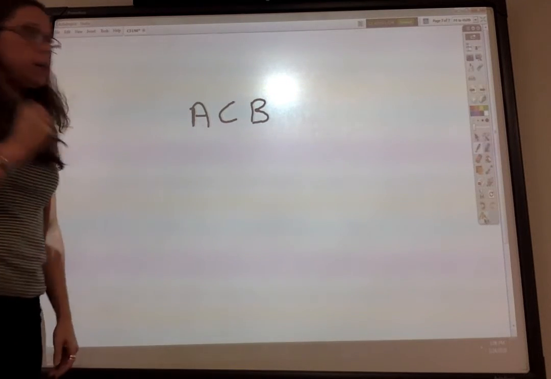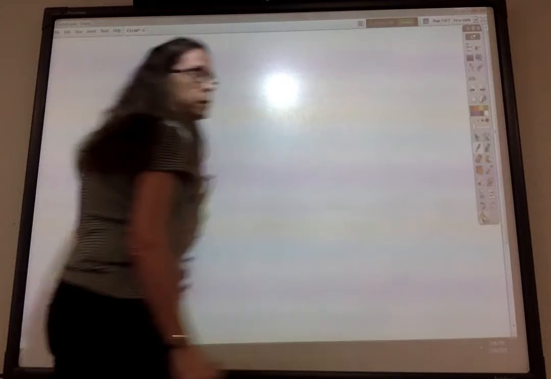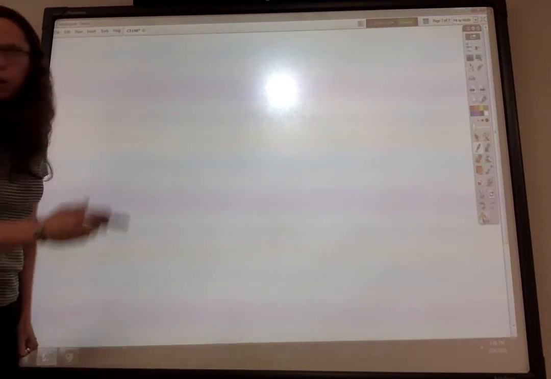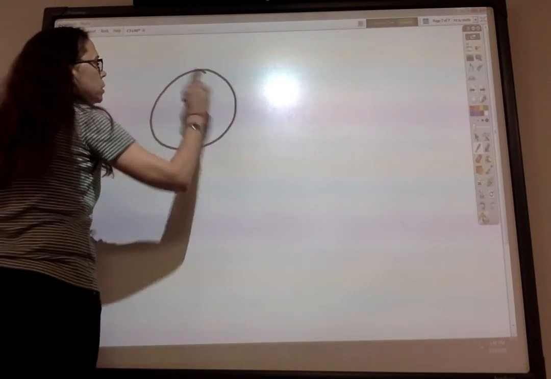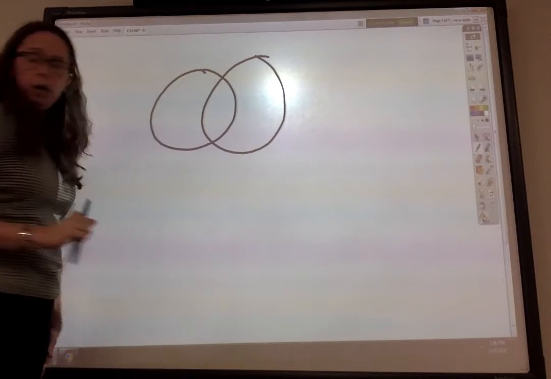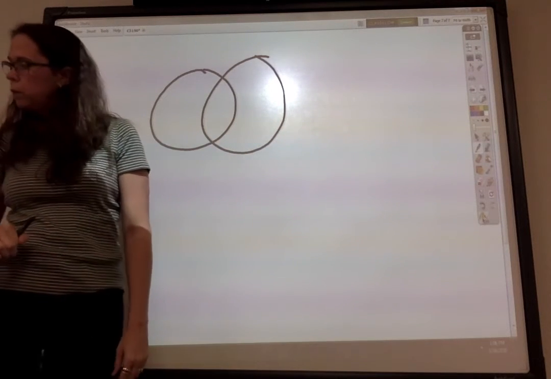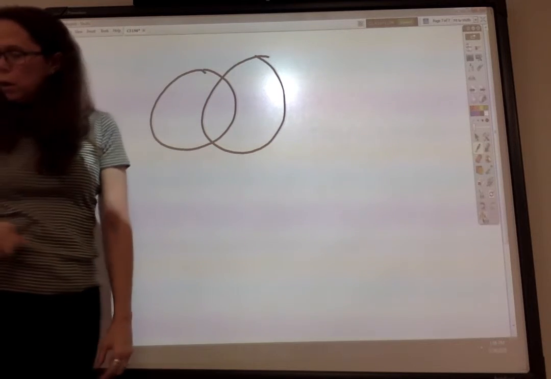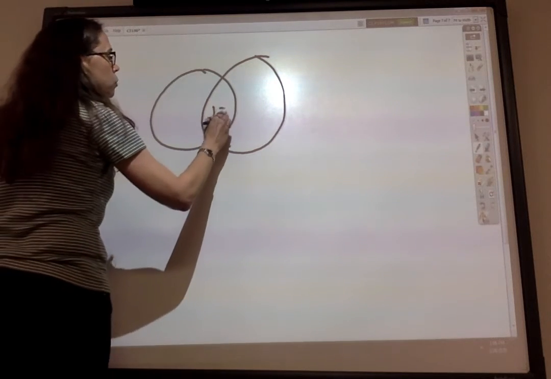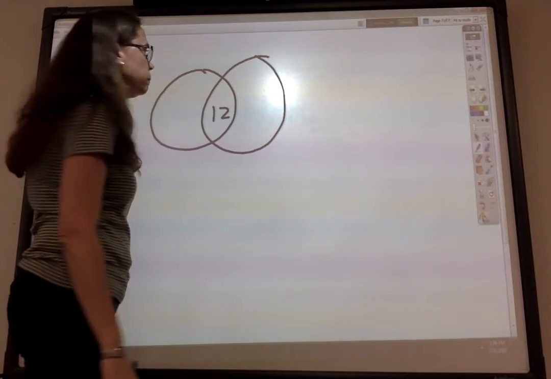So on G, we should have drawn circles for our Venn diagrams. The first set is 3, 6, 9, 12, and set B is 5, 12, 15, 20. Hopefully you saw that 12 is the only number they have in common.